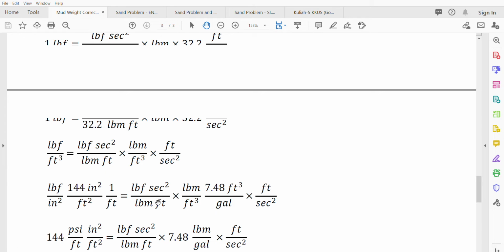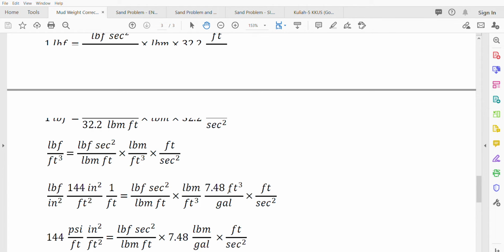And then to the right, we have this pound mass per foot cubed, which is the density. And then the density is multiplied by 7.48 to get the feet cubed per gallon.